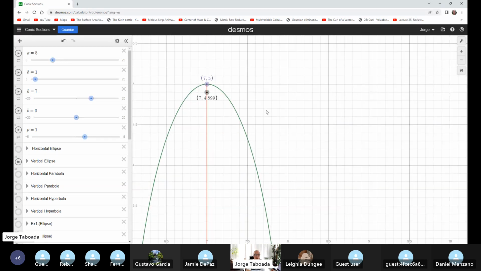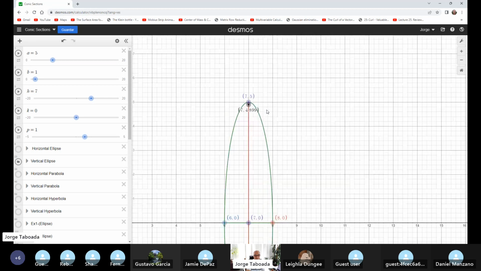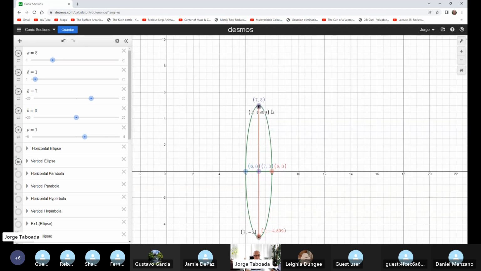The reason it's very close is because this ellipse is not rounded, so the eccentricity is close to 1. Not exactly 1, but close to 1, 0.99 or something. So the ellipse is very flat. If the eccentricity were close to 0, the ellipse would be very rounded. That's not the case.